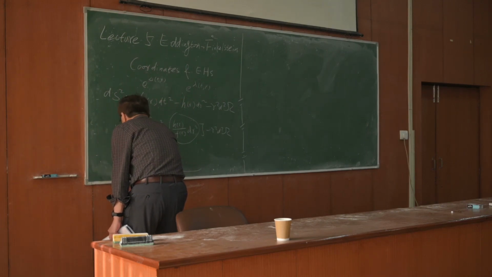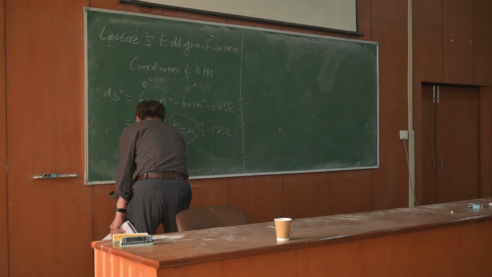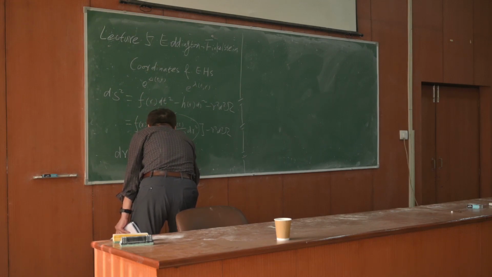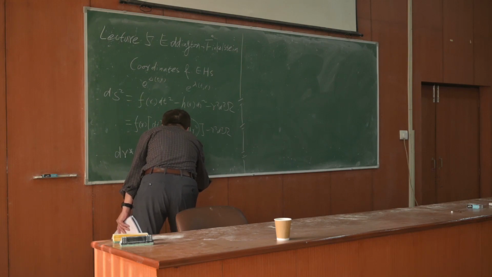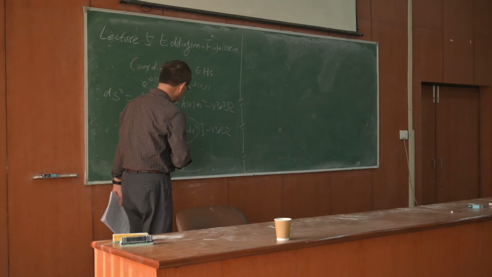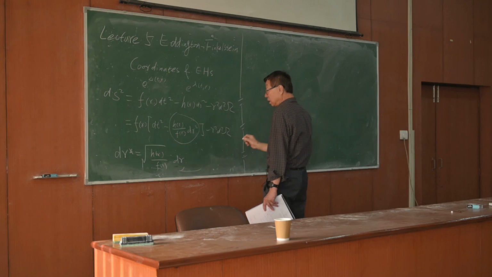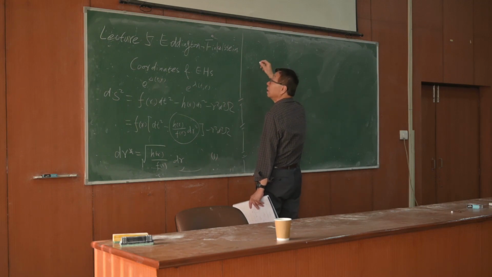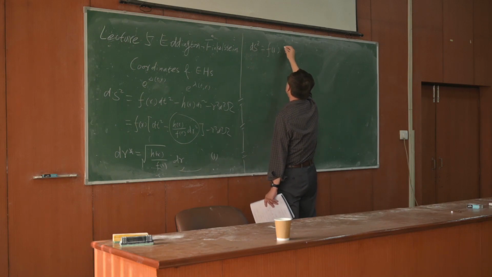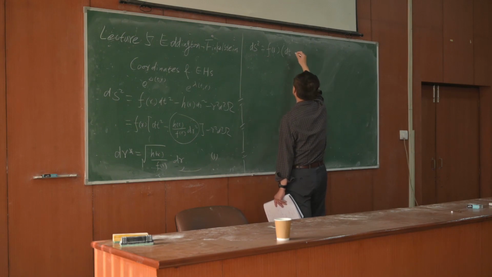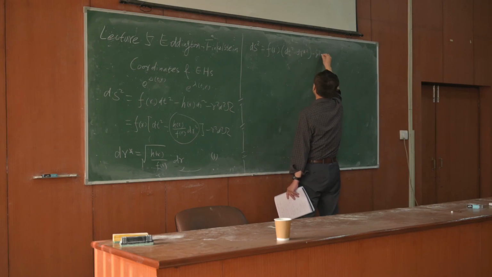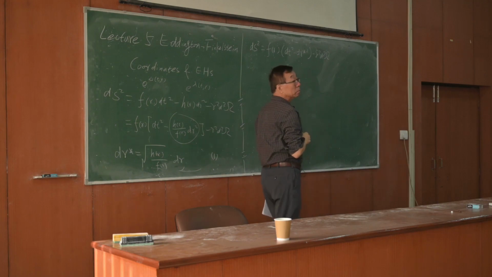I will set dr star equal to the square root of h(r)/f(r) dr. Then in terms of this, I have ds squared equal to f(r) times dt squared minus dr star squared minus r squared d omega squared, right?